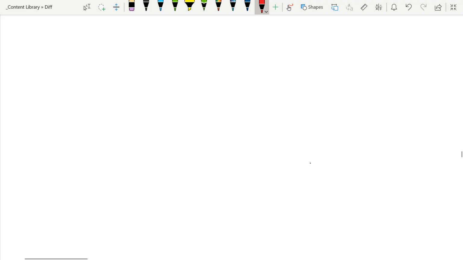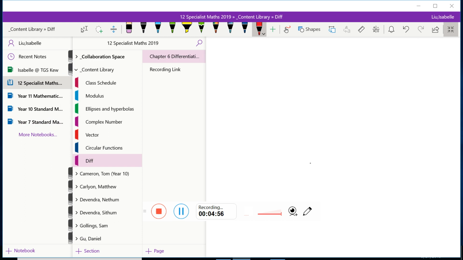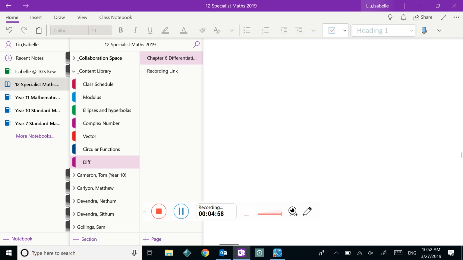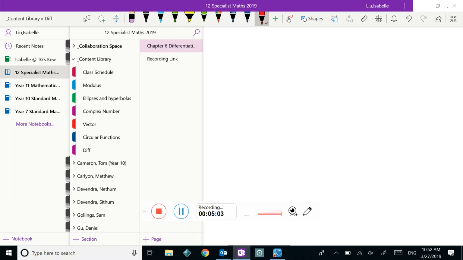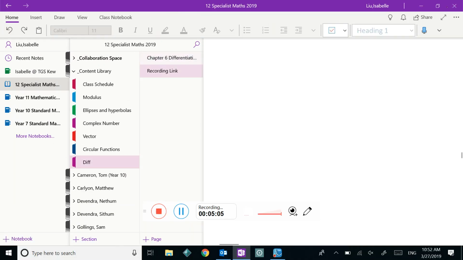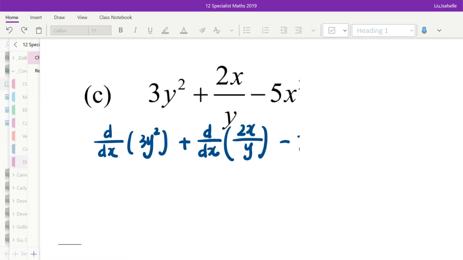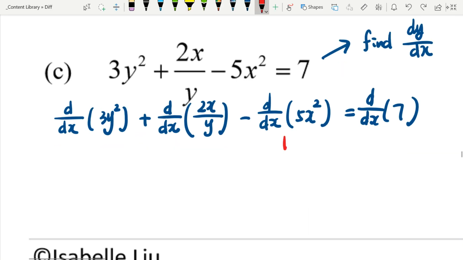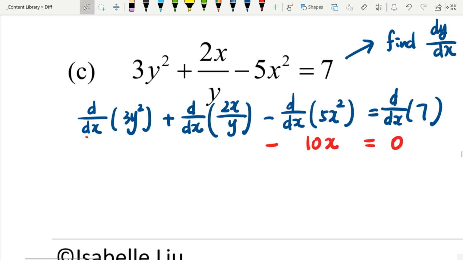What's d/dx of 7? 0. So this one will be 0. We have done this and that, and how about the last one?